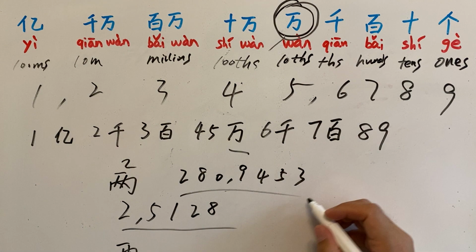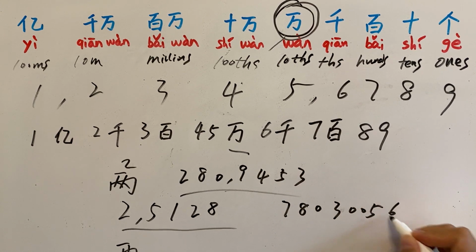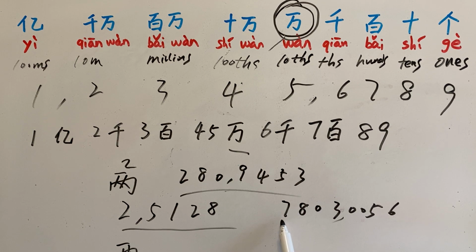For another example, 1, 2, 3, 4, comma. This comma is 万, that is 10,000. So this number should be pronounced as 7000, 1, 2, 3, 4. 7800, and 0, 0 means 零.